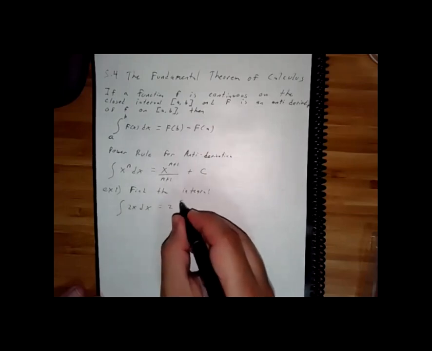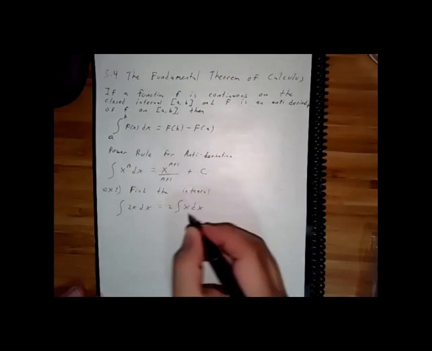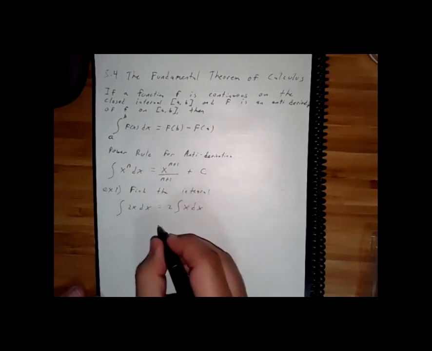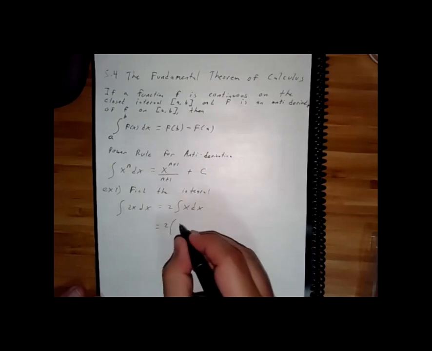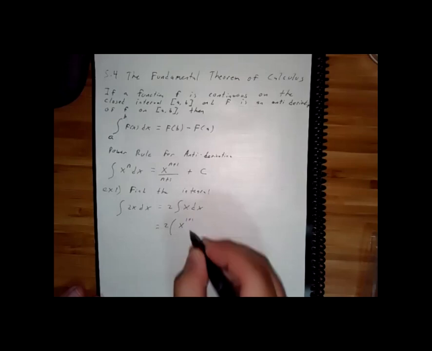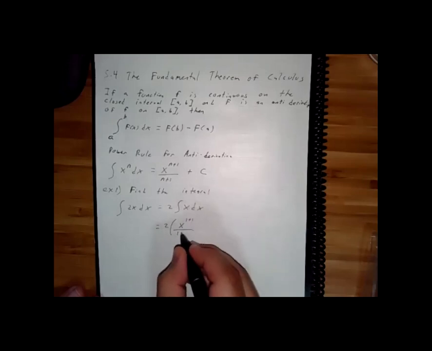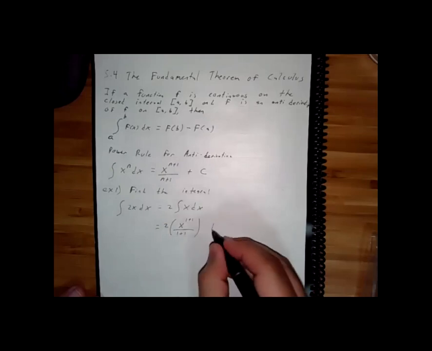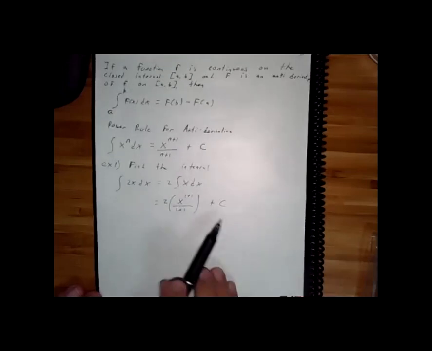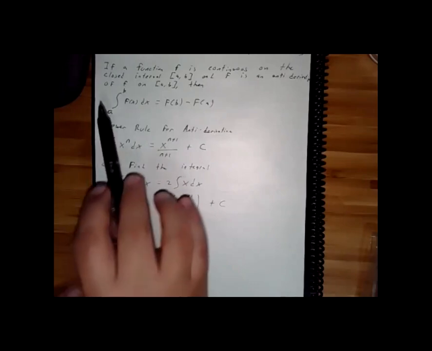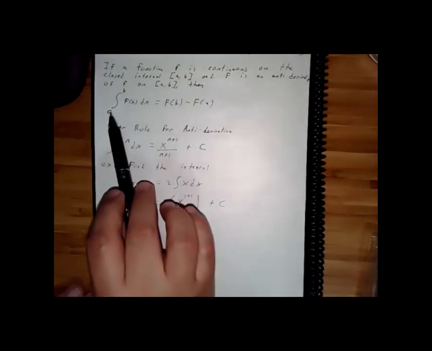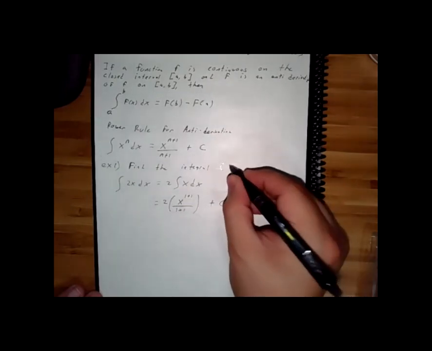So you can pull it out, not worry about it, and focus on the x dx. The power rule says, add 1 to the power, and then divide by that result. And then add some constant. You add the constant if there's no bounds on your integral. If you have bounds like this one, then you don't have to worry about the c. The c is only for indefinite integrals.